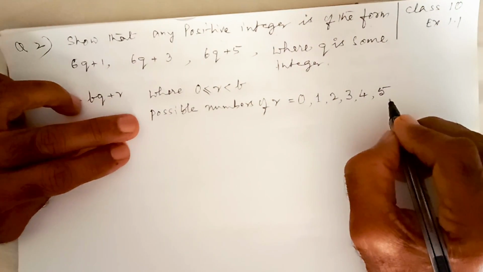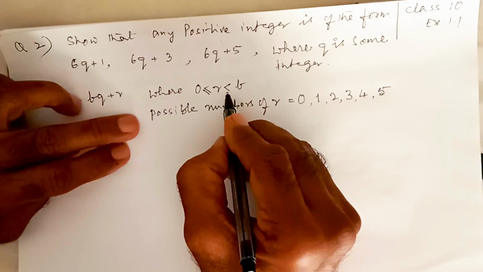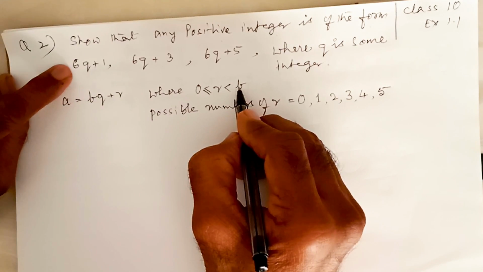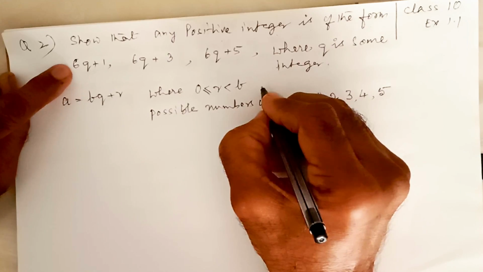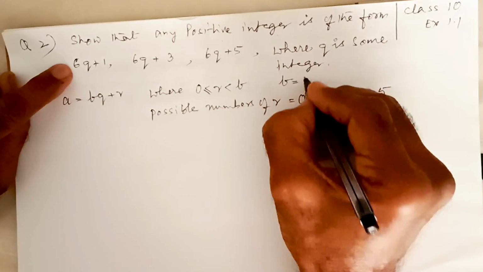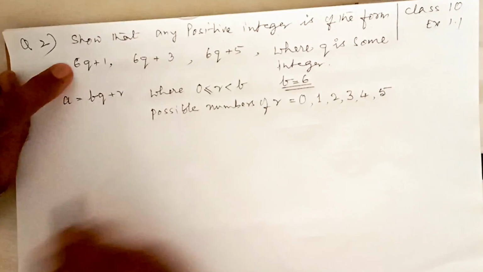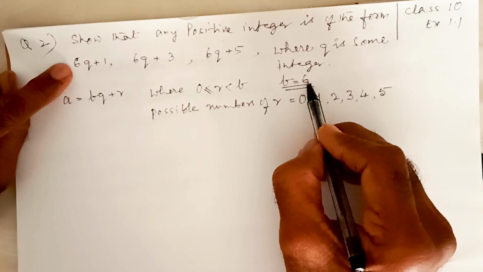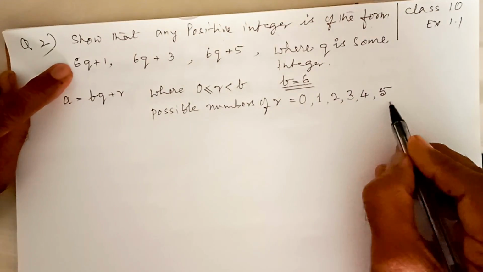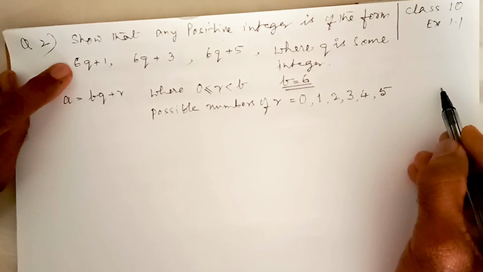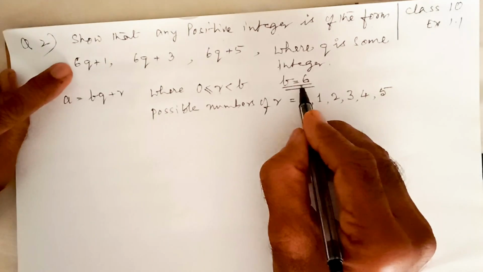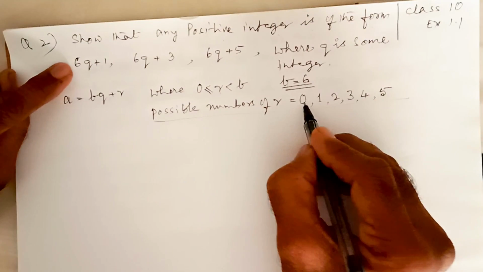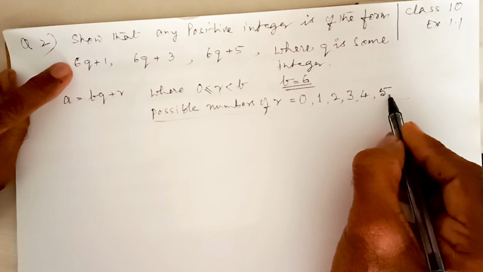Not beyond this, because as you know, the algorithm says it should be less than b. In this case, b is 6. In the question, it is written 6. Therefore, b is 6, and r can never be 6 or more than 6. It is less than 6. So, these are the possible numbers of r: 0, 1, 2, 3, 4, 5.